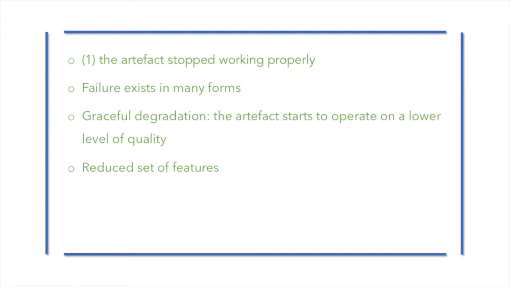Thus, the artifact would still work, but the user would only have access to a reduced set of features, or the operating of the object would be significantly slower, or even some function would be disabled in order to keep the object operating. There are many examples of this in software design and technology in general.